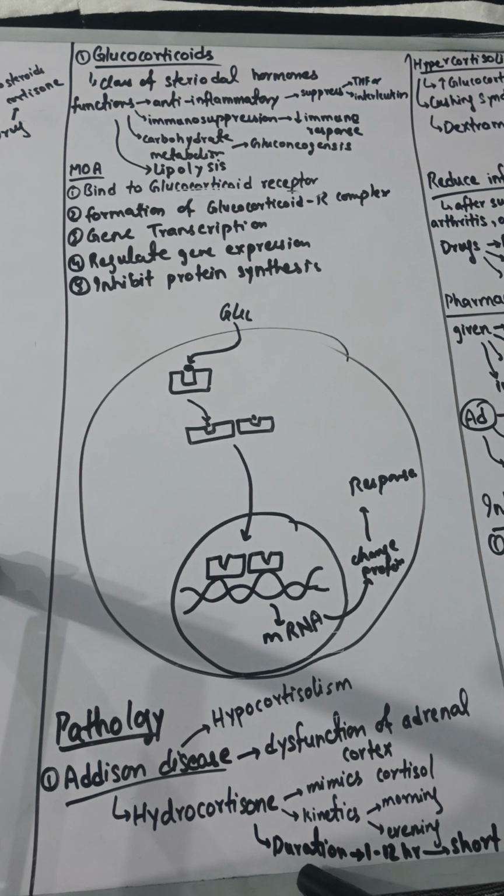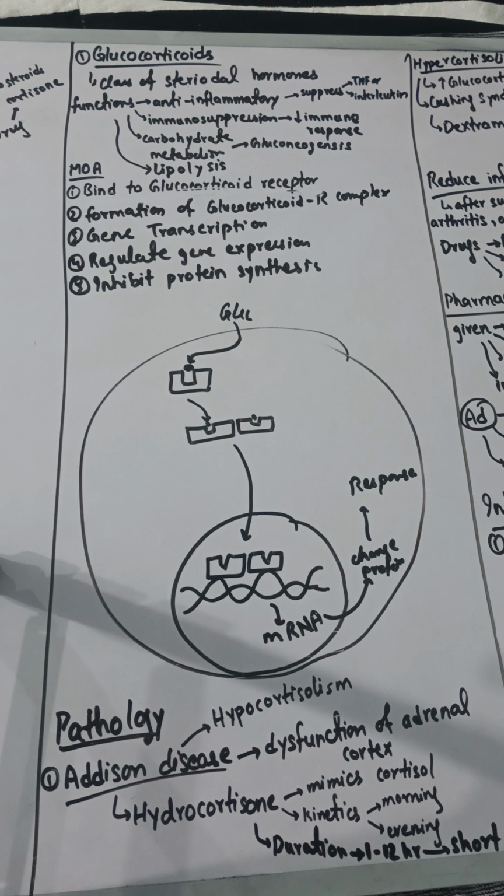And duration is very important. It has a very short duration of about 1 to 12 hours only. Remember one thing, that 1 to 12 hours is short, because steroidal drugs have very long actions. Like in that lecture, we will study a drug whose action is about 36 to 55 hours.